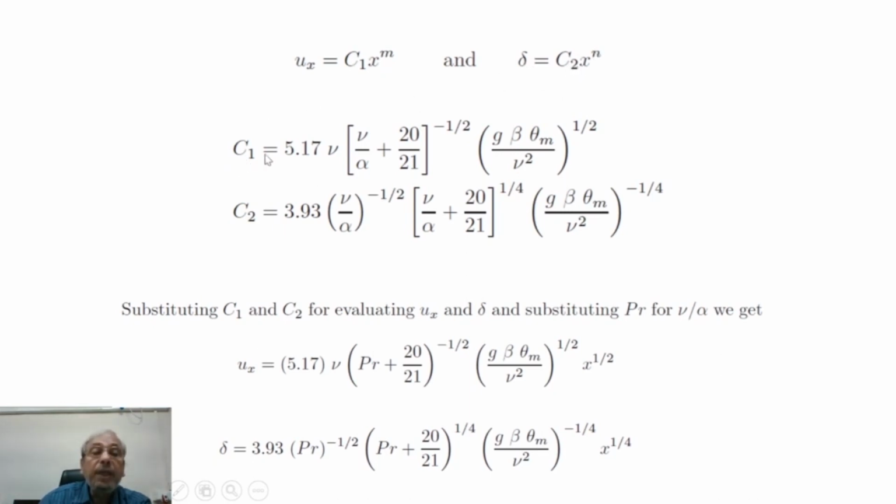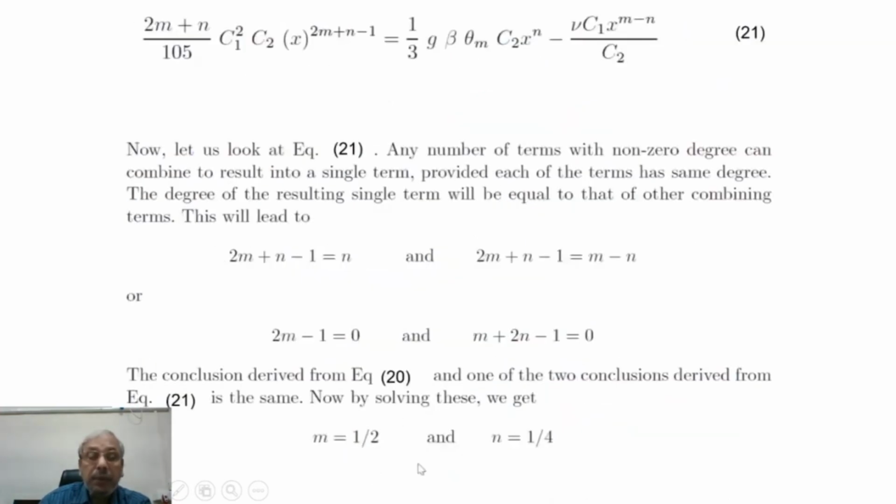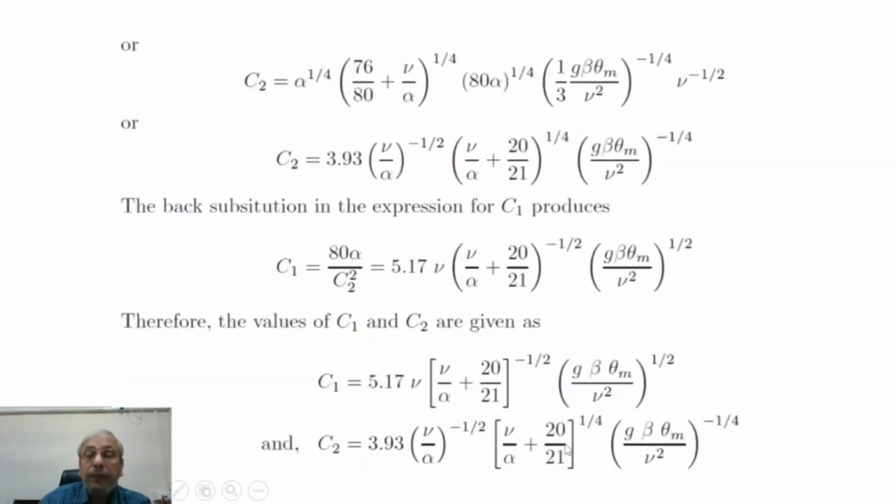We have now obtained expressions for C1 and C2, we have also seen the value of m and the value of n, and that we found out, if you recall, from our analysis in a very general way: m equal to half and n equal to 1 by 4.